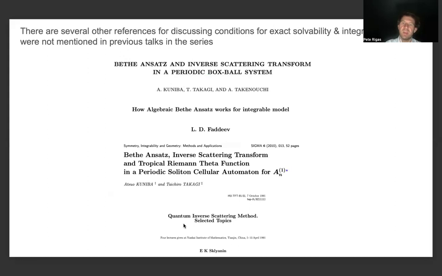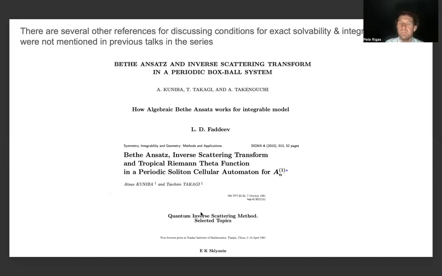We mentioned several different types of references related to the Bethe ansatz and inverse scattering approaches, from seminal work from Faddeev and other work, rather than the Hamiltonian method paper that we mentioned several times earlier in the series. There are even other references for algebraic Bethe ansatz and how that can be applied for integrable models, as well as connections with the Riemann theta function and periodic soliton cellular automata.